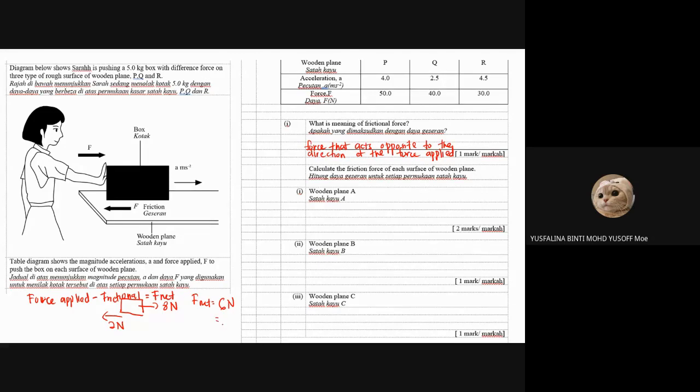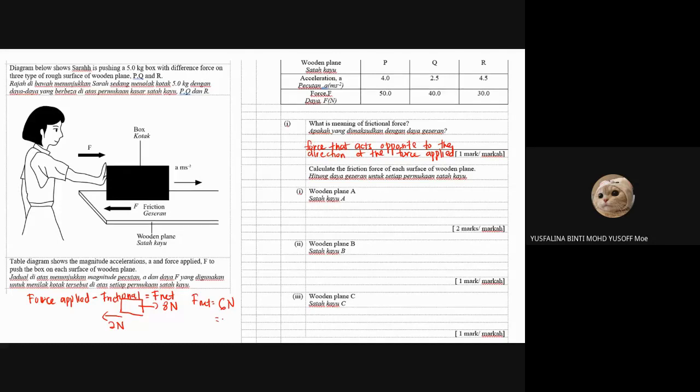Anyone remember what is the F net? What is the formula for F net, the net force? The Newton second law. What does the Newton second law say? What is the formula for Newton second law? Newton first law is inertia. How about the Newton second law?